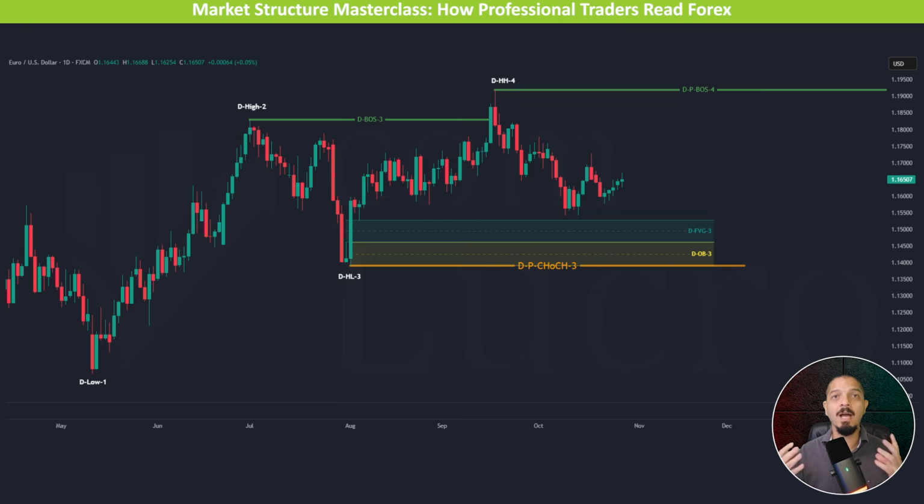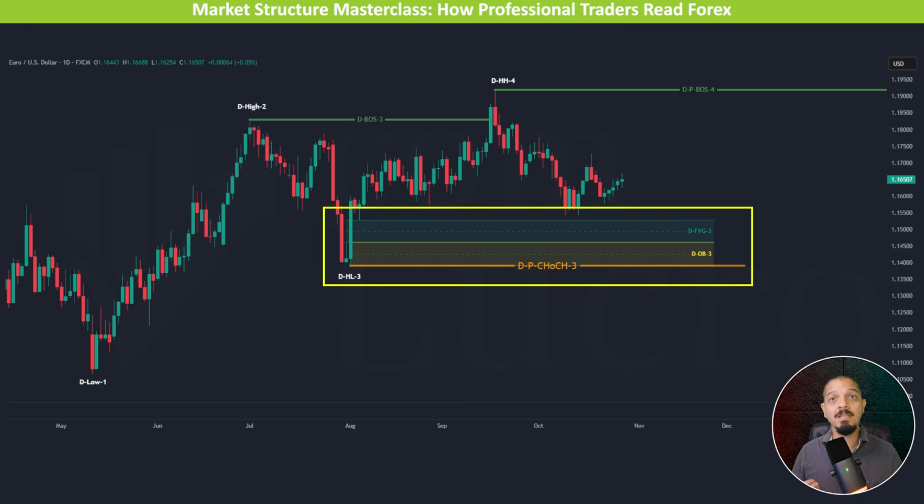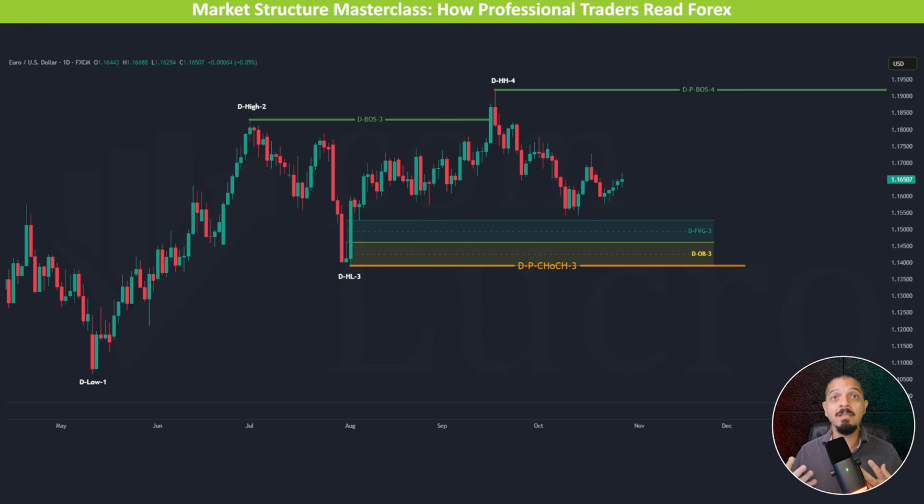After reaching daily higher high 4, price enters another retracement phase. This correction is currently unfolding within the daily trading range. During this retracement, price begins interacting with mitigation areas that were created during the previous impulse. One of these areas is the zone labeled daily fair value gap 3. This imbalance was generated during the impulse that produced the break of structure.